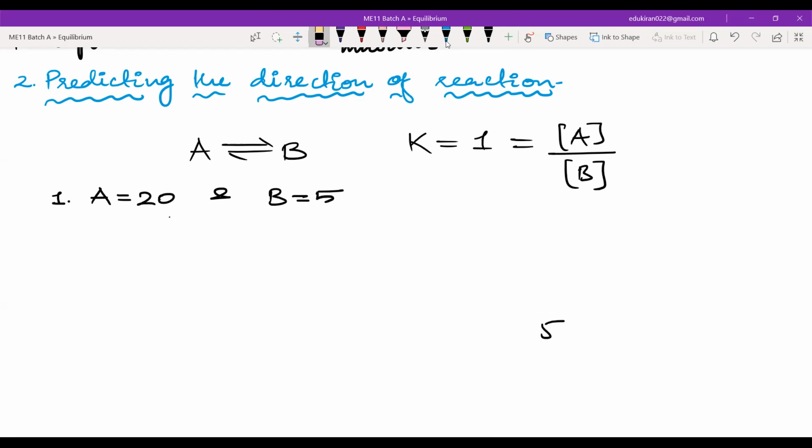The number of moles of A should be equal to the number of moles of B at equilibrium, if K is equal to 1. Please remember that I am taking K equal to 1. Now K can be anything, but at this point, for generalization, I'm taking K equal to 1. If K is equal to 1, that means the number of moles of A should be equal to the number of moles of B at equilibrium, that means after a very long time. Yes or no?